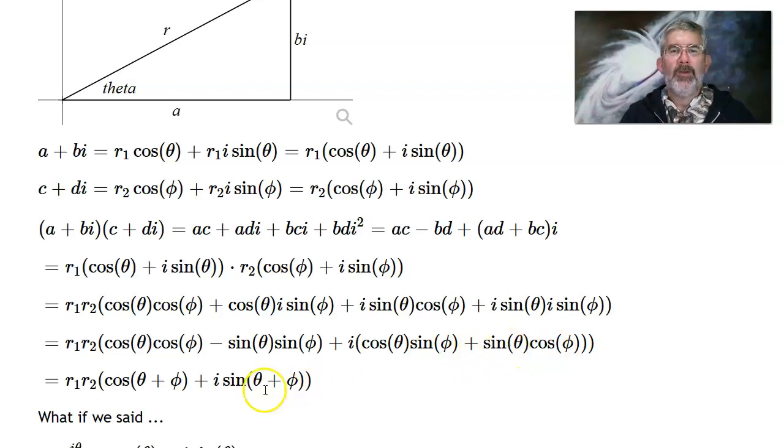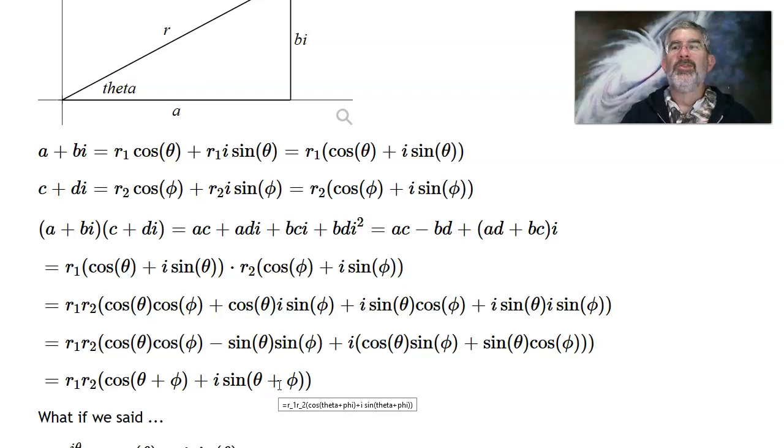So what happens is the product of these two things ends up being another complex number in polar form here, right, where the distance from the origin is the product of the original two distances, and the angle that you turn from the positive real axis is the sum of the two angles that you started with. Okay? So multiplying two complex numbers multiplies their lengths and adds their angles.